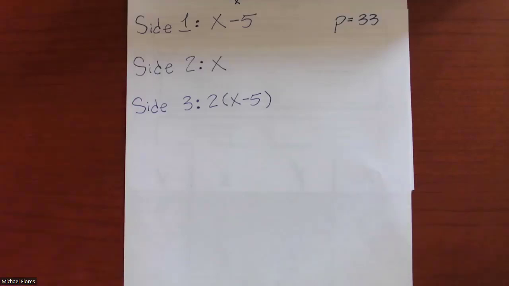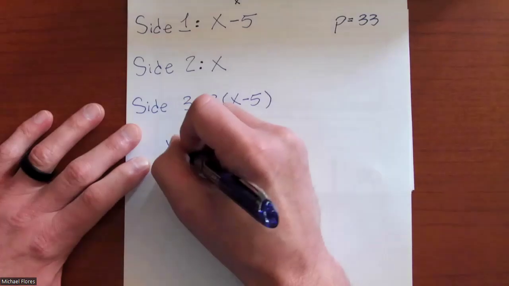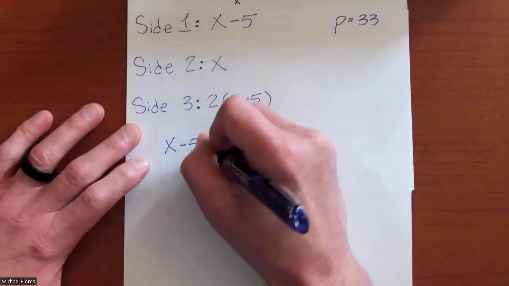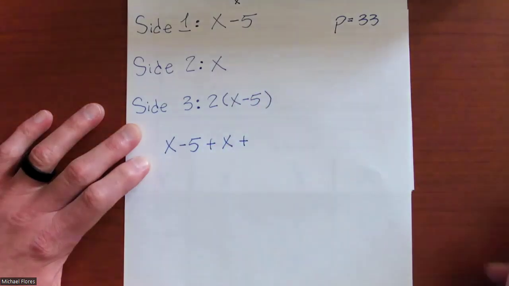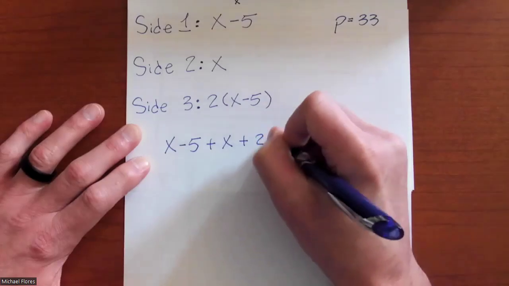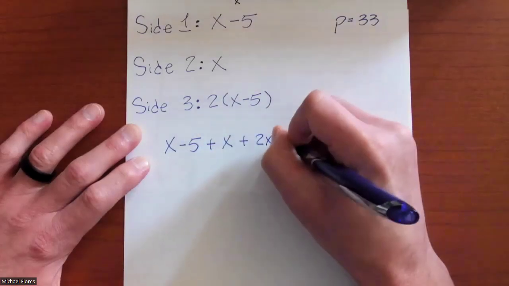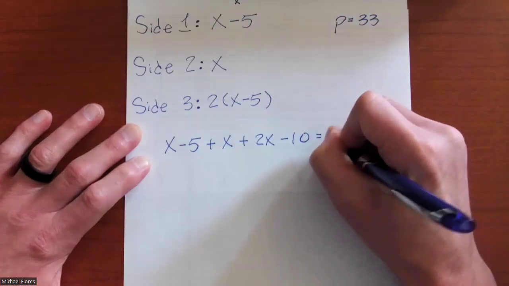Now, perimeter of any object is you add up all the sides. Well, side 1 is x minus 5. Plus side 2, which is just x. Plus side 3, I'm going to go ahead and distribute. 2 times x is 2x. 2 times negative 5 is negative 10. And we're going to set that equal to our perimeter.